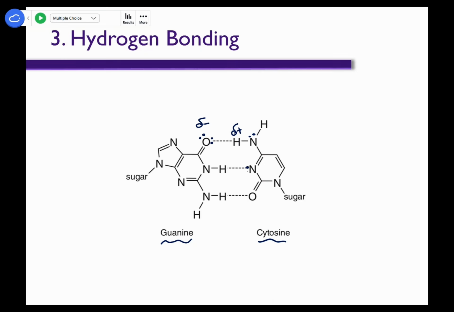And we have a lone pair of electrons being attracted to another positive hydrogen, and another. So we have 3 regions where hydrogen bonding is happening between guanine and cytosine.